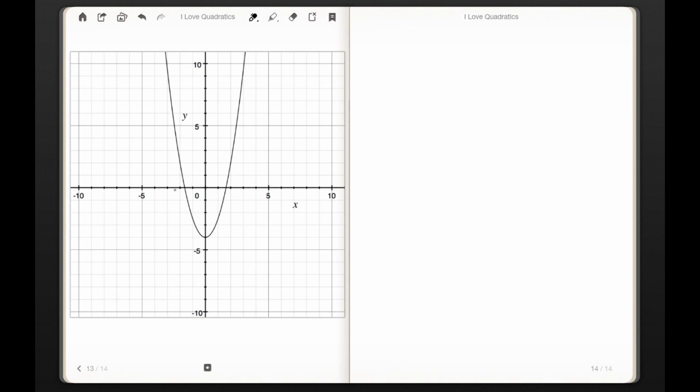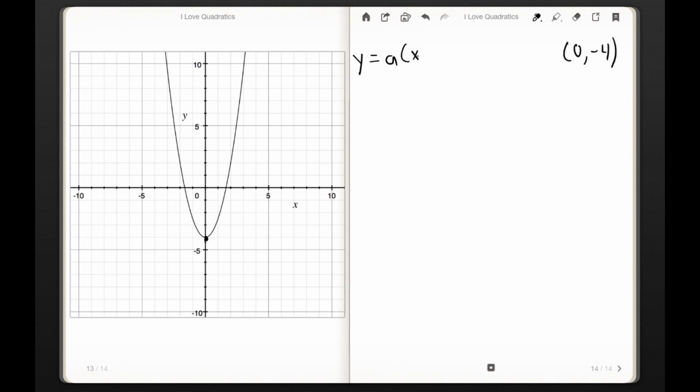So now in this one, we can't tell exactly what the roots are, but we can see that the vertex is exactly on this point, 0, -4. So going back to the equation for vertex form, we can just substitute: the x value of the vertex is b, the y value is c.